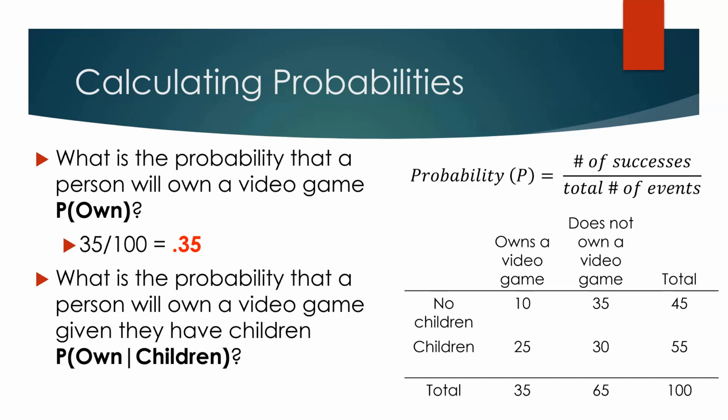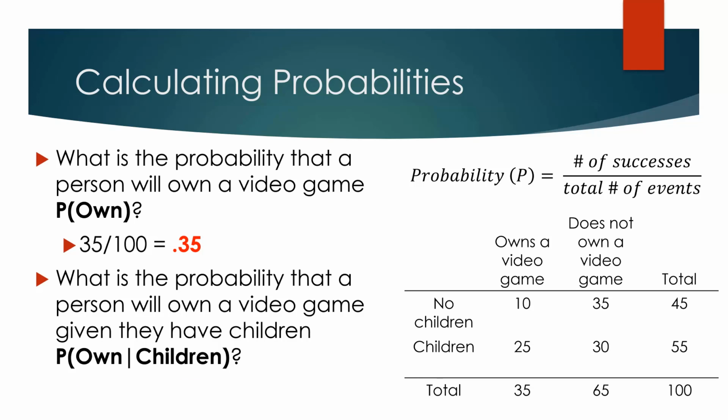What's the probability of owning a game or not, versus not owning a game, given the fact that you have kids? So you want to focus in on the row of children, which means that the total you're working with now is not 100, because we're not looking at everybody in the data set. We're looking at only those who have kids. And there's only 55 total people that have children. So how many of them own a video game out of the total amount that have kids?